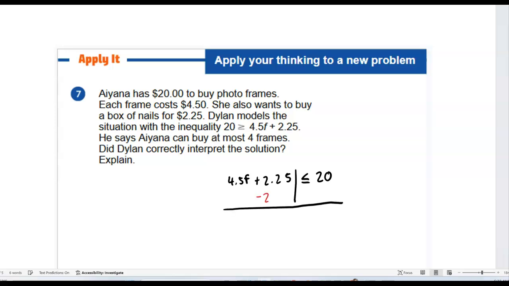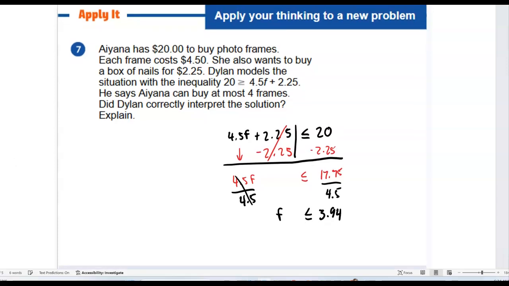So first step, subtract 2.25 from both sides. Drop down the 4.5f less than or equal to 17.75. Divide by 4.5 now. Notice I'm dividing by a positive, so I don't need to flip the sign. So f is less than or equal to 3.94.